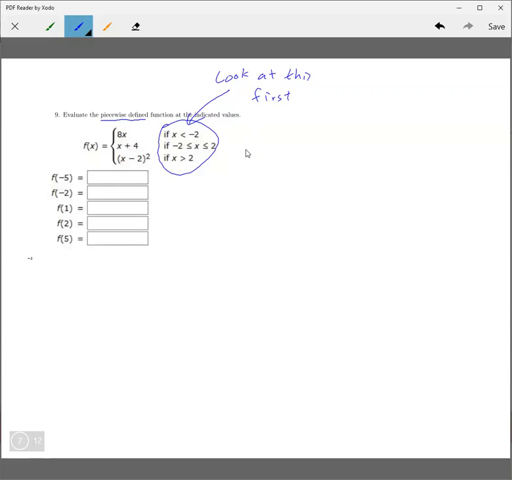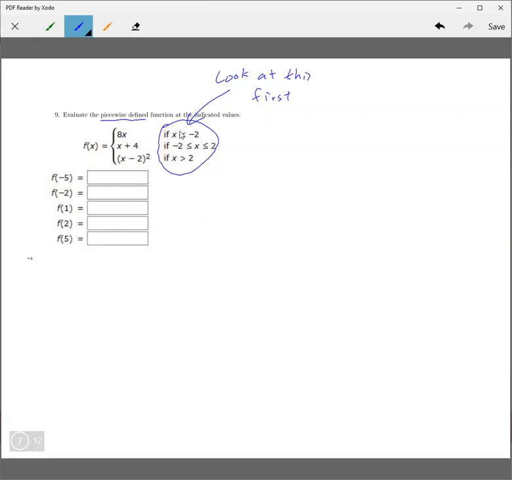It's like if you're playing football on defense: if the other team decides to pass the ball, then you do this. If the other team is going to run, then you do this. If the other team is going to kick off the ball, then you do this one.